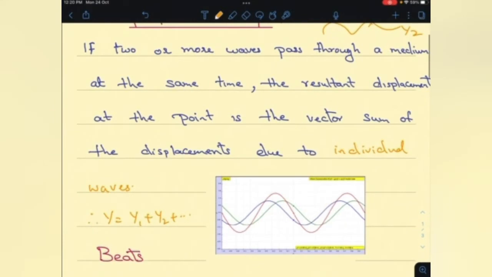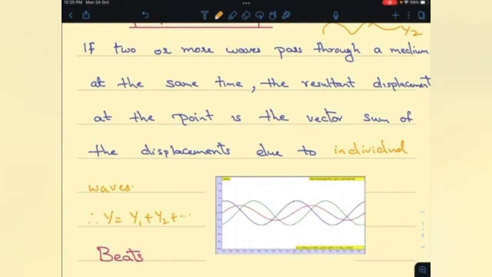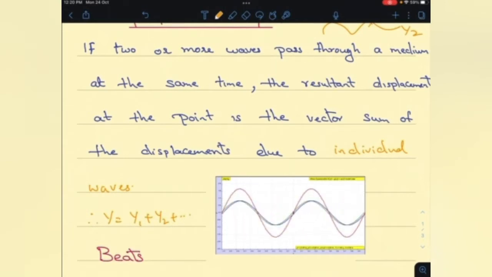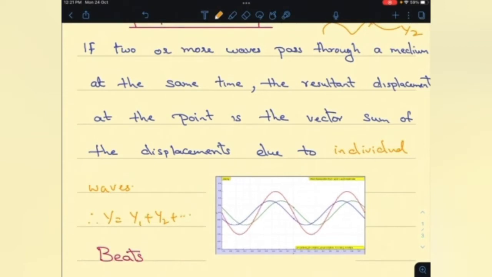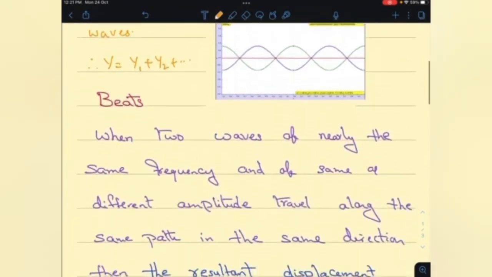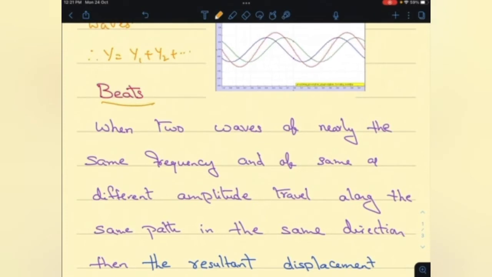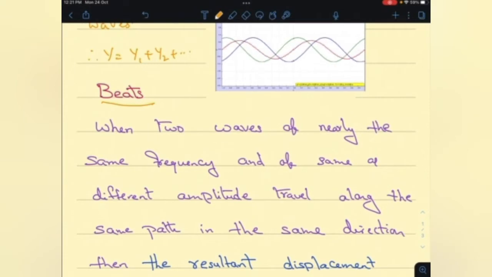So what are beats? Suppose, as before, there are two waves. Here we have nearly the same frequency. They can have the same amplitude or different amplitude, and they are traveling in the same direction. Then the resultant displacement will have waxes and wanes in amplitude.